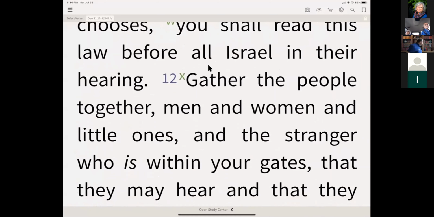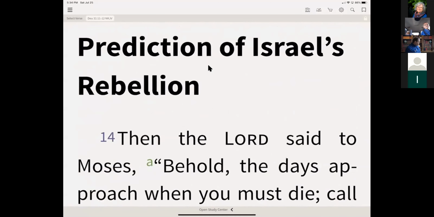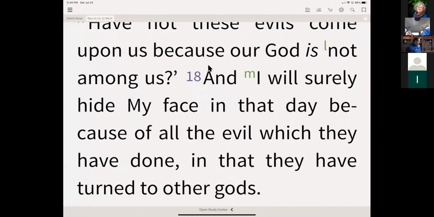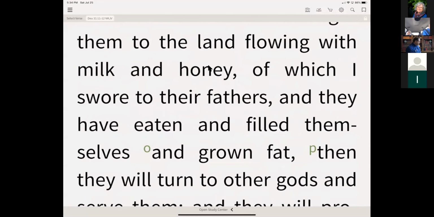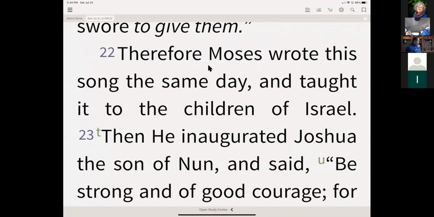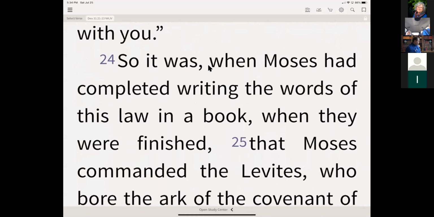So then there is a repetition in verse 24. He says, therefore, it was that Moses completed writing the words of this law in a book.